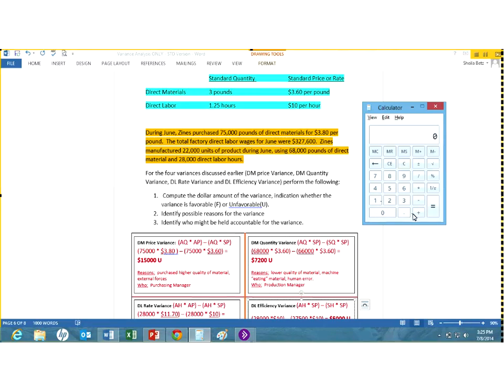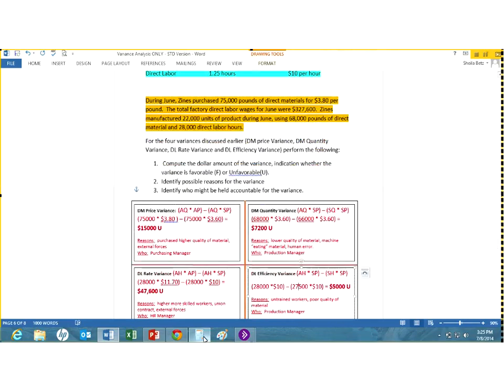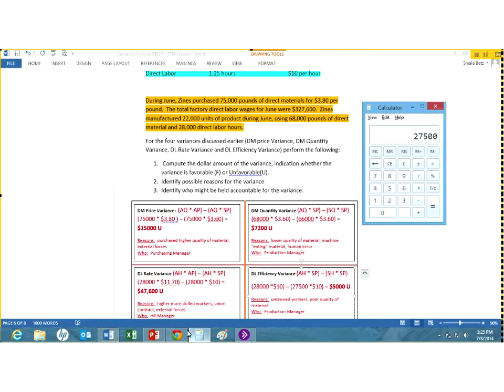They had planned that they need 1.25 hours for every product, and they made 22,000 products. So if they would have used only 1.25 hours for every product and made 22,000, they should have only used 27,500 hours. So that's how I calculated my SH.